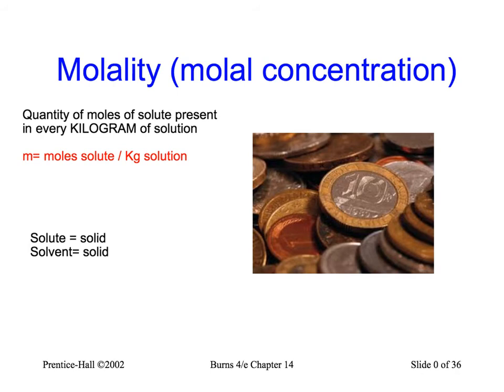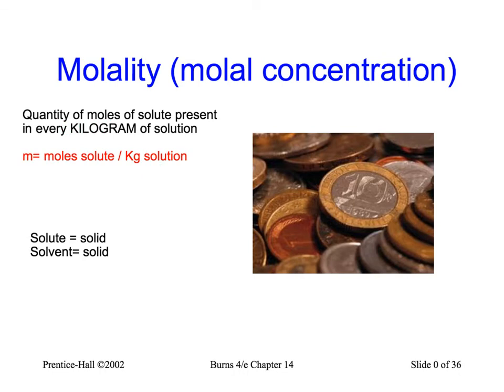Molality is also called molar concentration. And as you can see, it's pretty much the same. It's the quantity of moles of solute, but now they are present by kilogram of solution. Molality is called m, lowercase m, and it's moles of solute for every kilogram of solution.